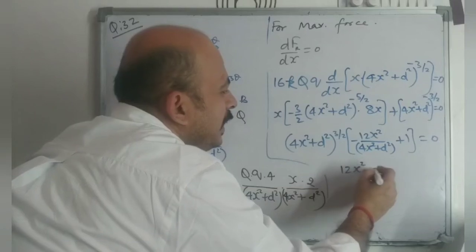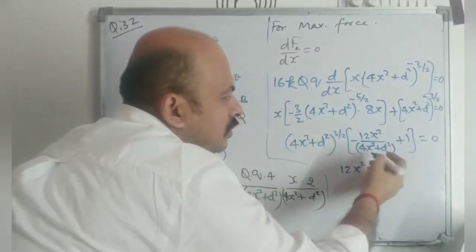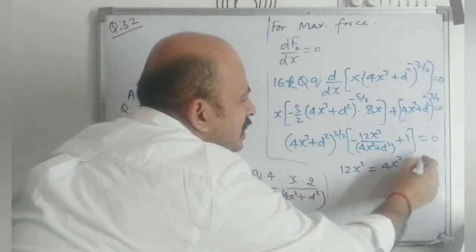So 12x square is equal to 4x square plus d square.